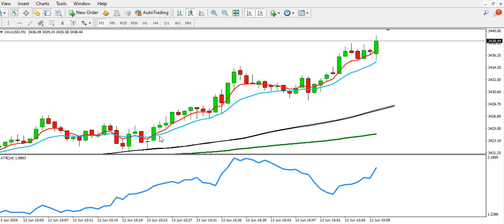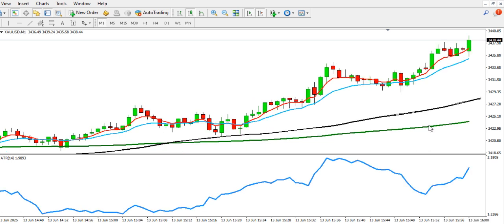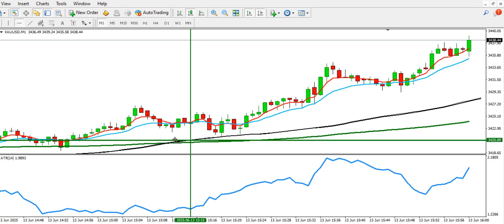So if all indicators are above the green moving average, which is the 200 period moving average, you have an uptrend. Like we have an uptrend around here when all crossed above the 200 period at this particular point. It's good for buy.